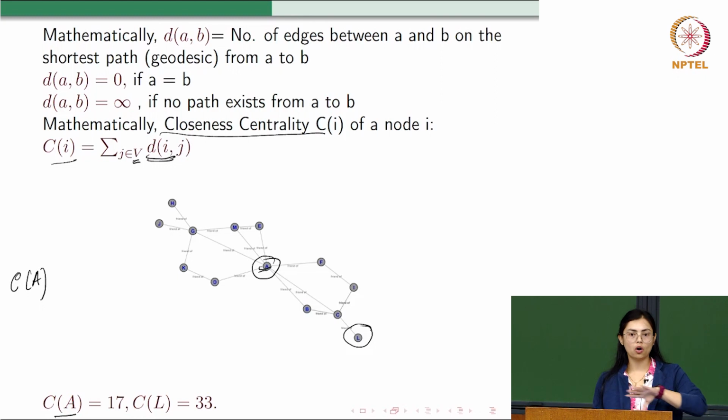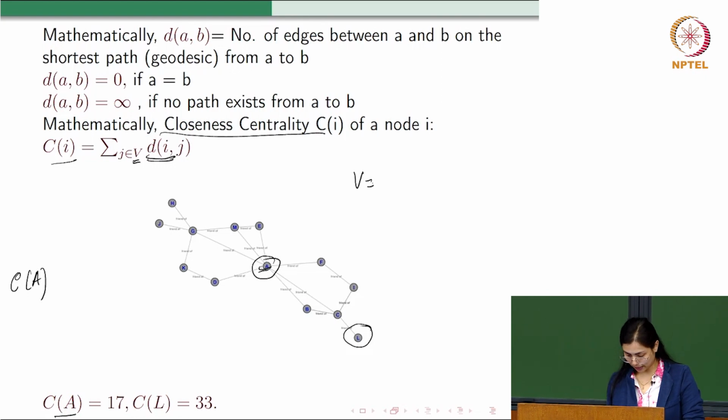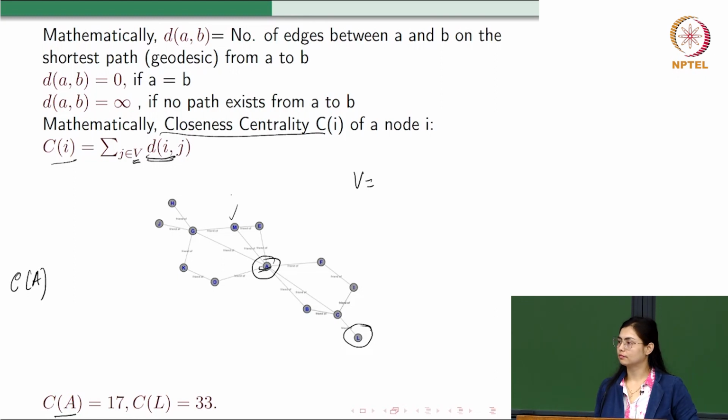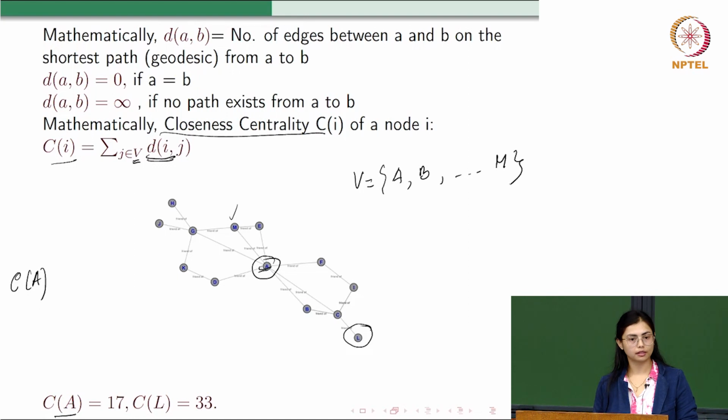You have to consider all the nodes, right? So we have how many nodes? What is V here? The set of nodes. So it will be from A to L or M, right? It will be A, B, up to M, correct? This is the vertex set.